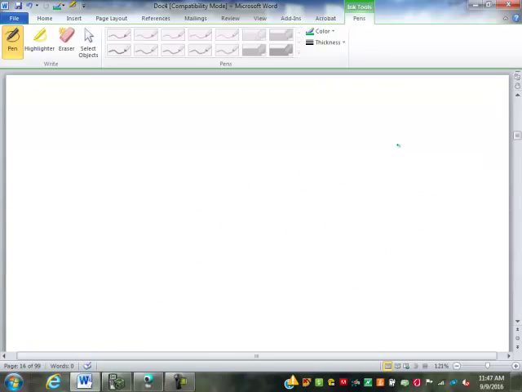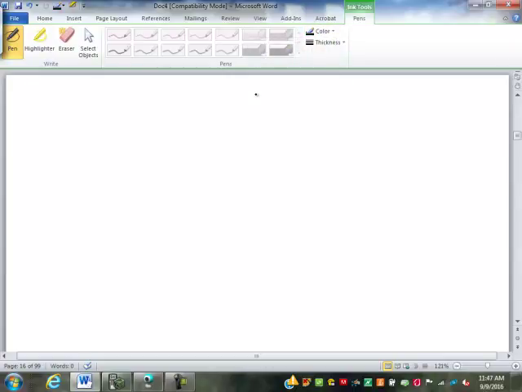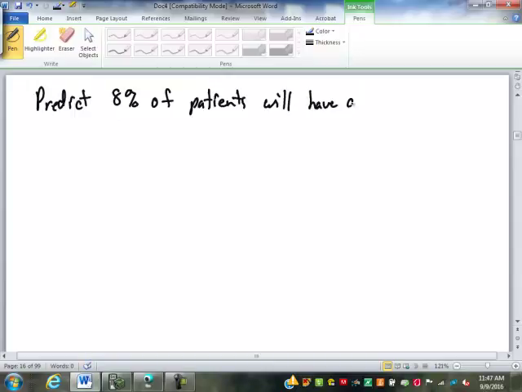Okay, so let's take a look now at some word problems with percents and see how this fits. Let's say that we predict 8%, I'm just throwing numbers out here, of patients will have an adverse reaction to a medication.